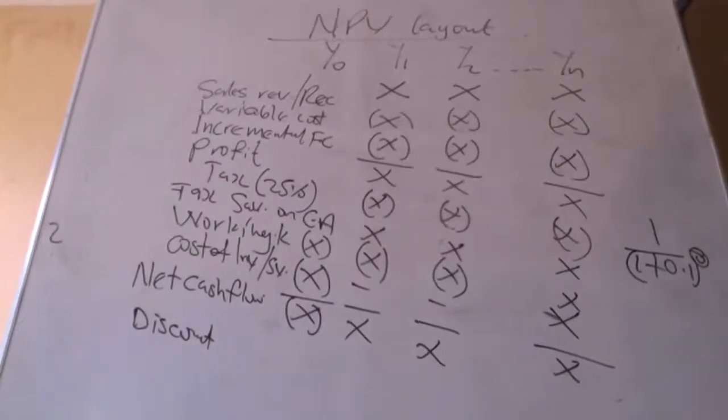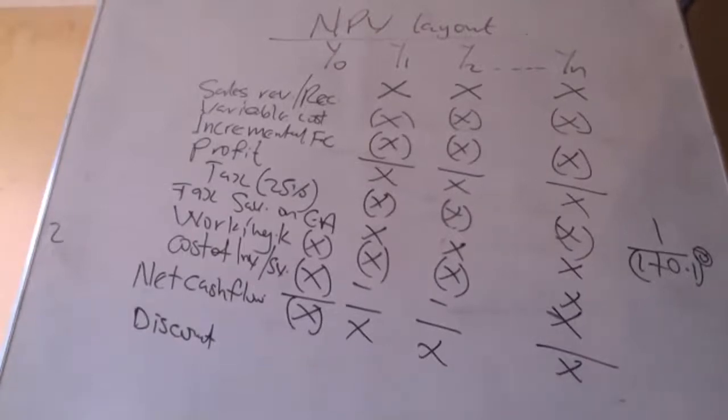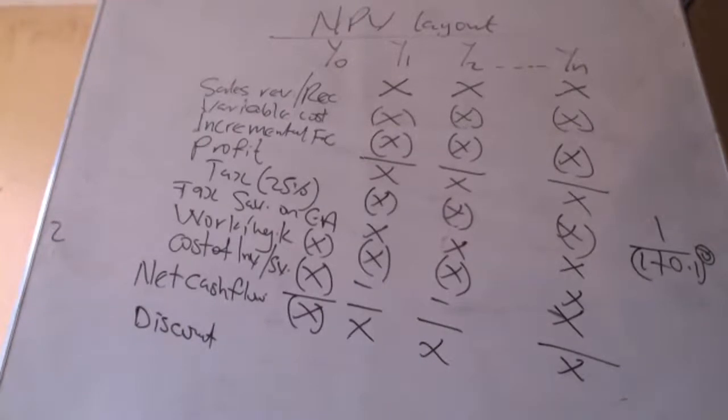So year 0 will always be 1, because time has not changed.